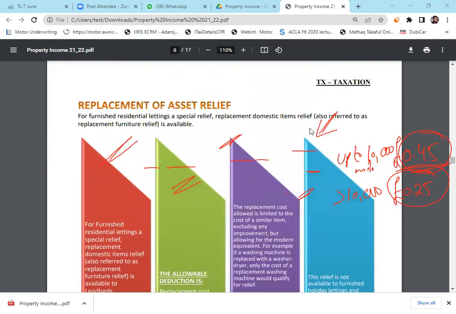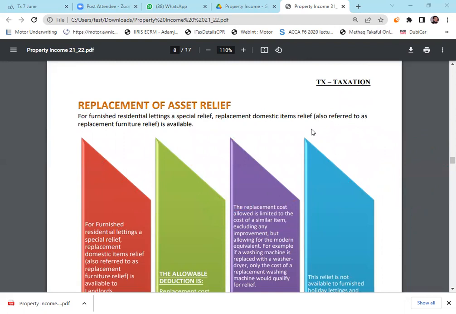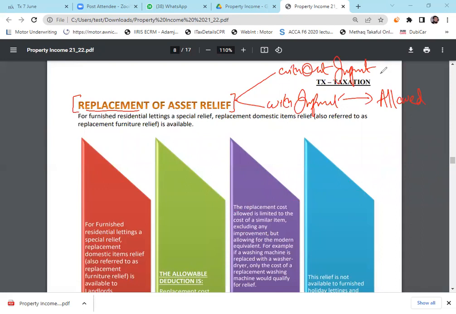Now, replacement of asset. Earlier, I told you replacement has two categories. First is with improvement and another is without improvement. Sorry, with improvement is not an allowed expense, and without improvement is allowed. Because if there is an improvement, it is a capital expense, and capital expense will never be allowed.